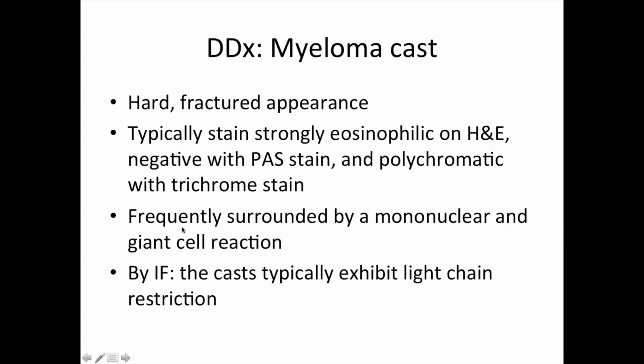Okay, and frequently يكون عندهم في الكاست نفسه يصير عندنا يعني inflammatory cell reaction، يكون عندنا giant cell reaction along with a mononuclear cell reaction. And on the immunofluorescence, if we are lucky and we have the casts, we will see in the tubulointerstitial compartment يعني الكاس بيولعون on one of the light chains. مثلا بيولعون على كابا النوت لامدا، أو بيكونوا بيولعون على لامدا النوت كابا.